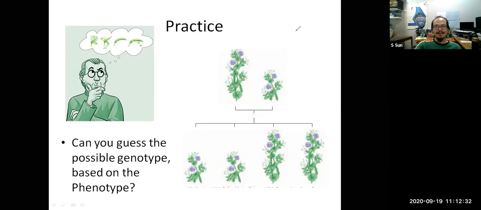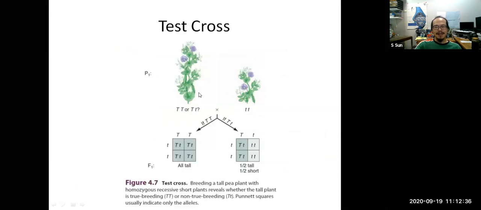So that's that. So we can test cross. Say we have a tall one, we have a short one. The tall one could be capital T, capital T, or capital T, small t. So basically this is what we just did, right? So if this is what we guess, then the kids will have no short plants.